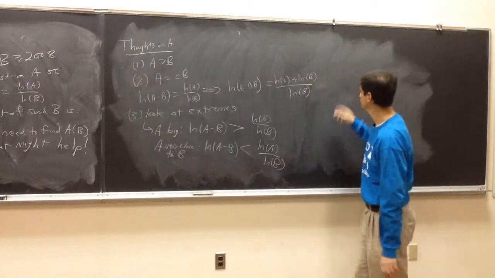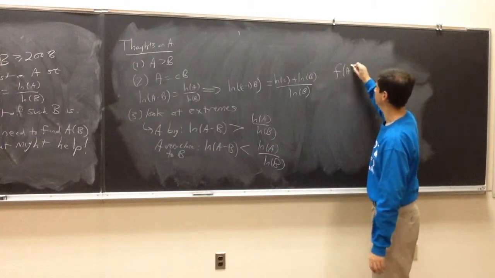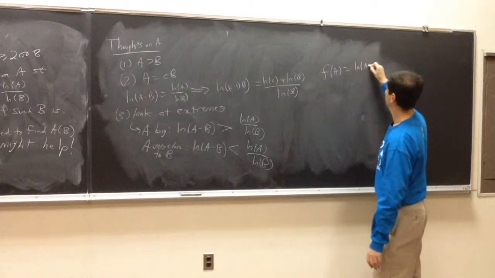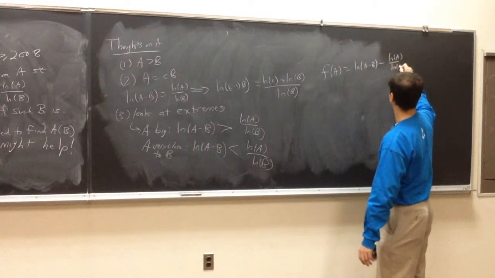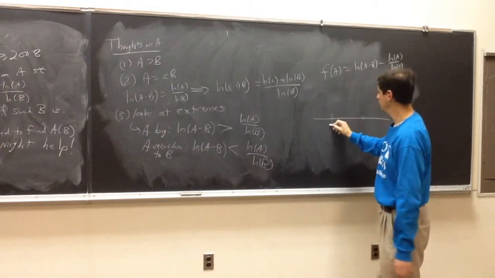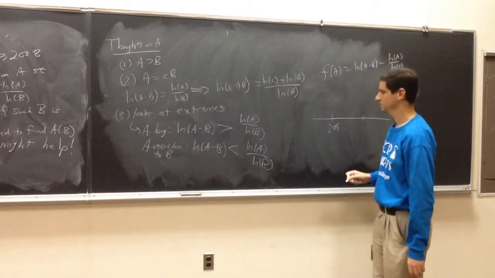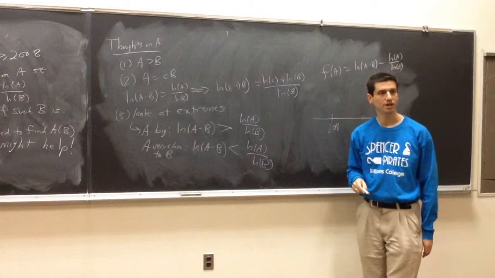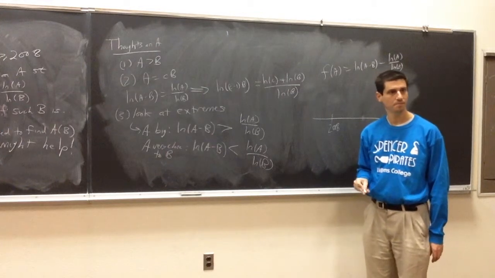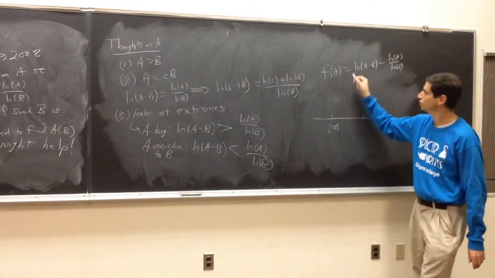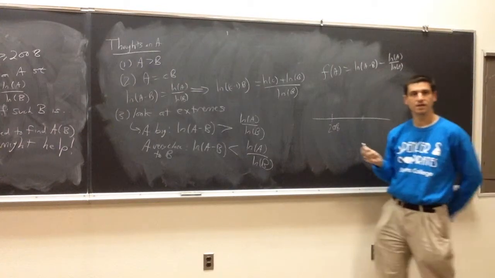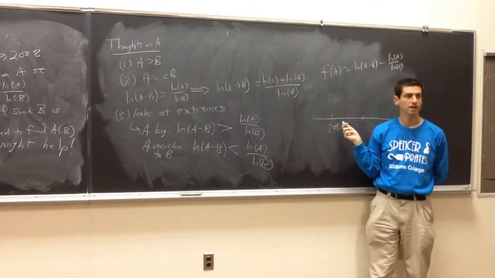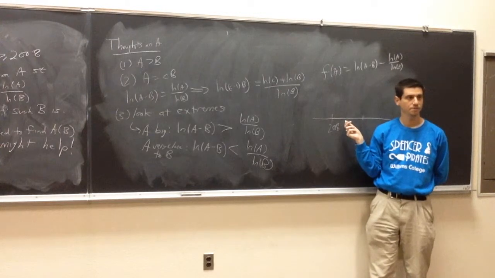So if I look at the function, say f of A is the ln of A minus B minus the ln of A over the ln of B. We know if we are around 2008, is the function positive or negative? Is this going to be positive or negative a little bit beyond 2008?